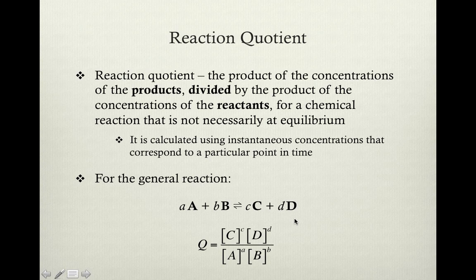Okay, and these will be identical. This is identical to what we did for the equilibrium constant. The only thing that's different is that it's not equilibrium concentrations that are necessarily plugged in. It can be concentrations at any point in time during the reaction. Similar to the equilibrium constant, there are no units for the reaction quotient.